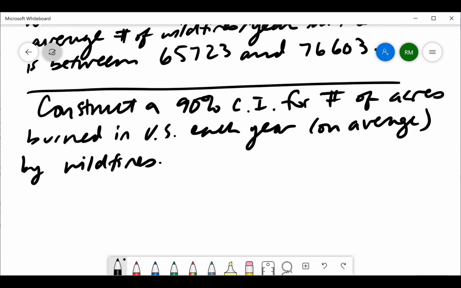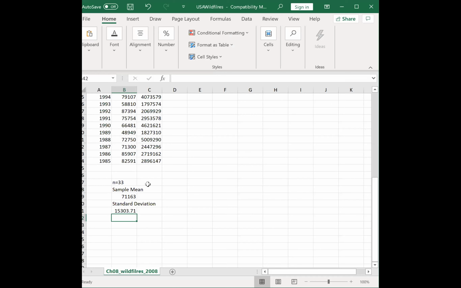Okay, so we need to get some information. We need to know what's the average number, our sample average, what's the sample standard deviation. The sample size is going to be 38 again, and we're going to want to know what's our critical value. Well, let's go to Excel.